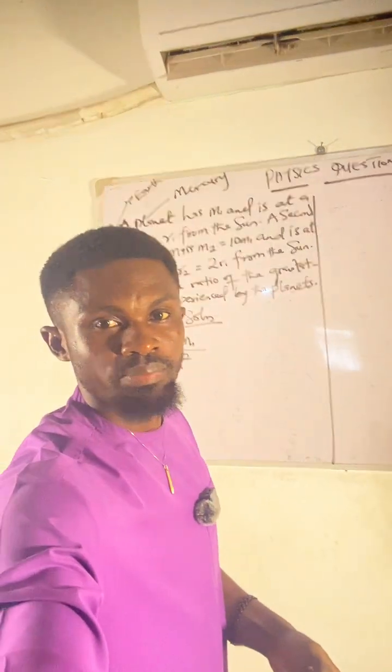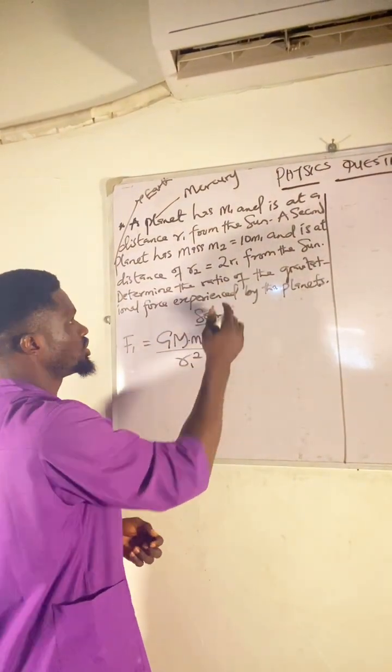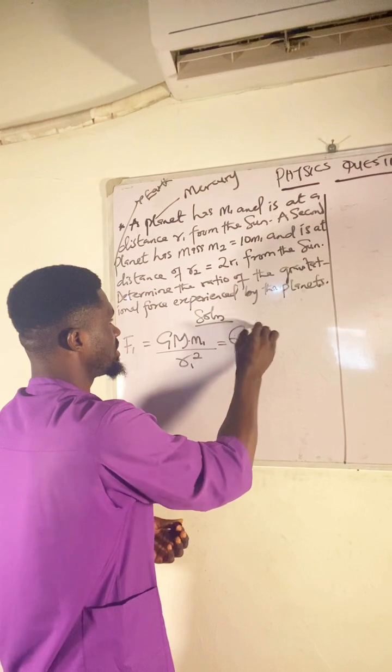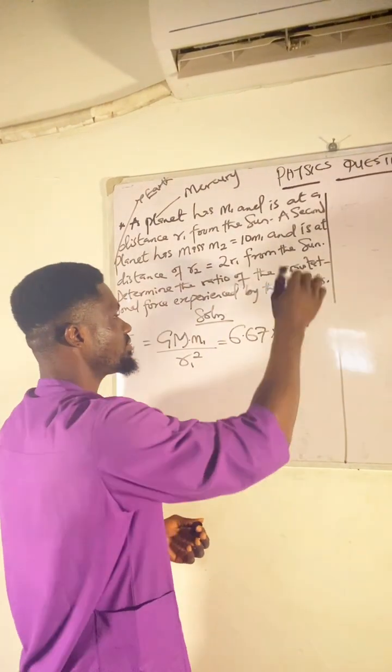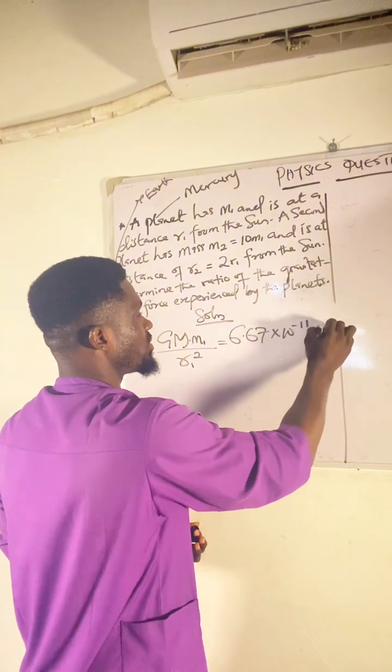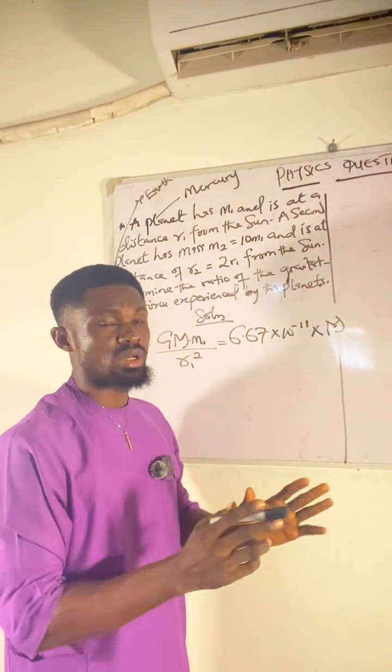So if this is the case, G is a constant, 6.67 times 10 raised to the power minus 11, times the mass of the sun, which is a constant as well. Let's use it as capital M, because they're going to cancel each other.